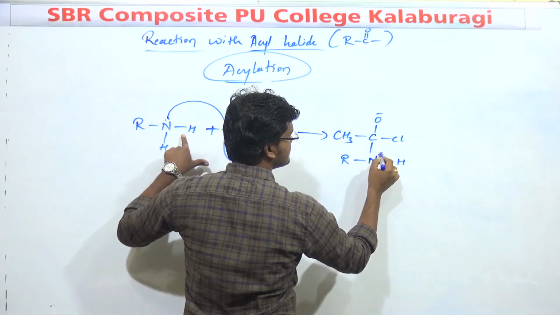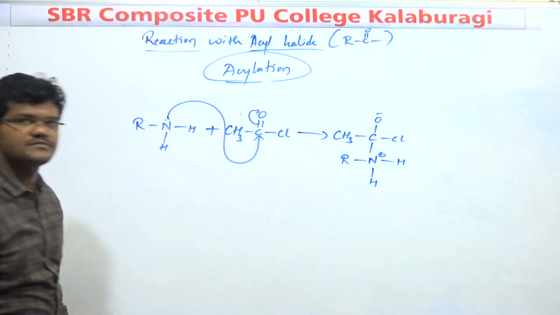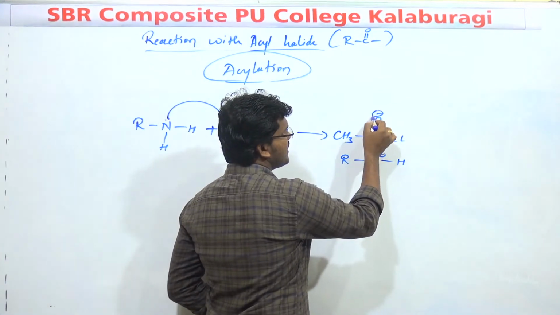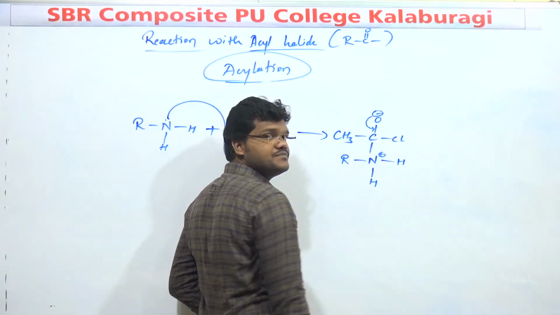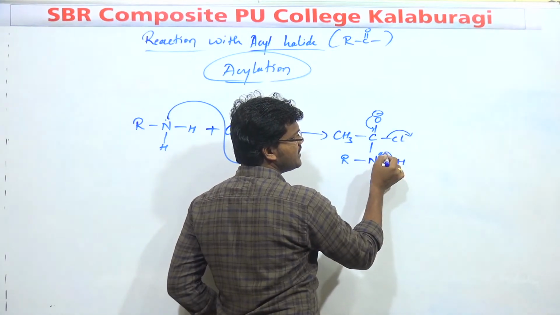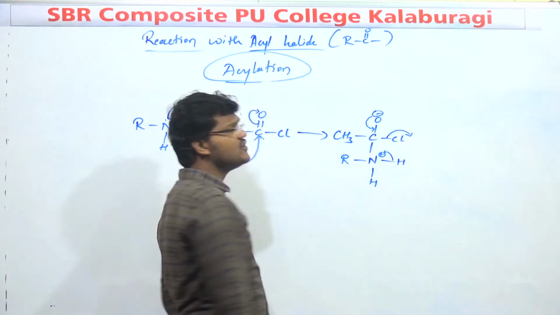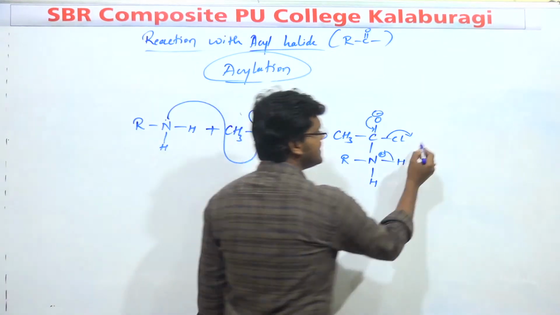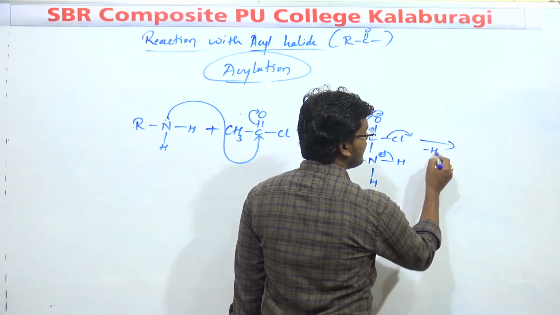So hence there is a positive charge. Clear? These electrons will come back and form a double bond. This chlorine will go along with one of the hydrogens. HCl will be removed. Please remember what I have removed: I have removed HCl.